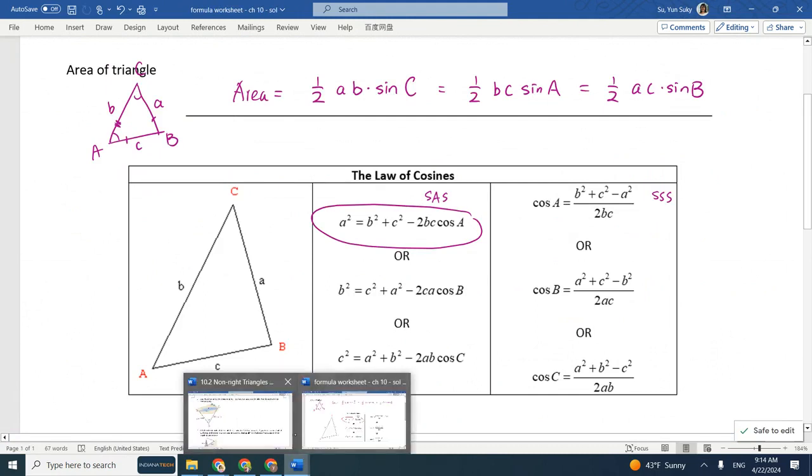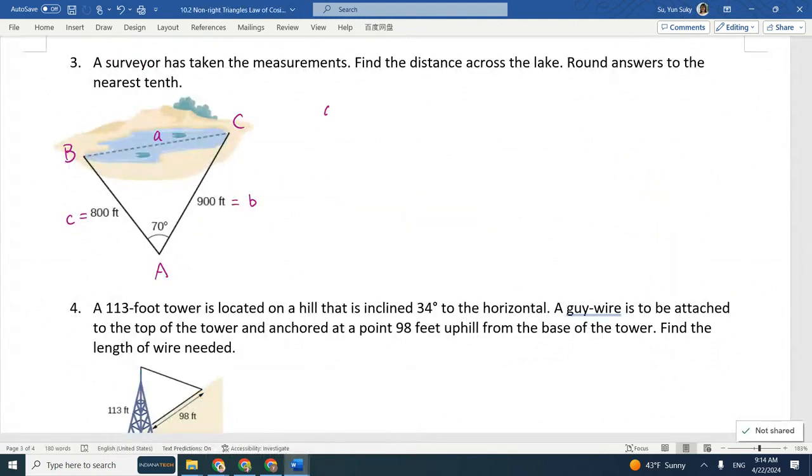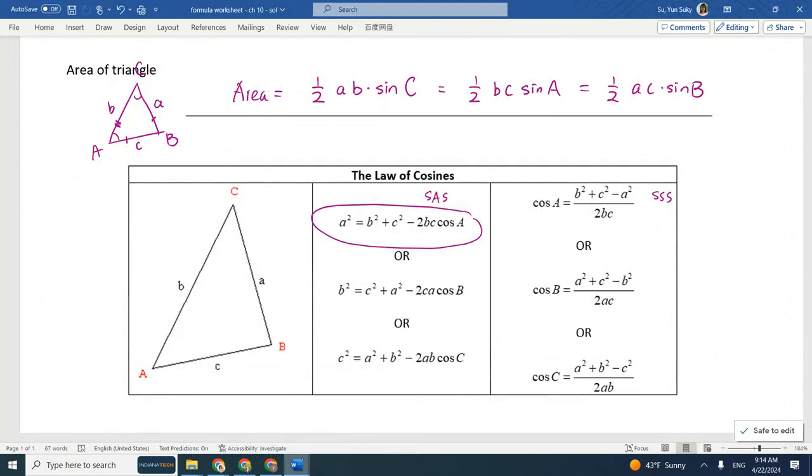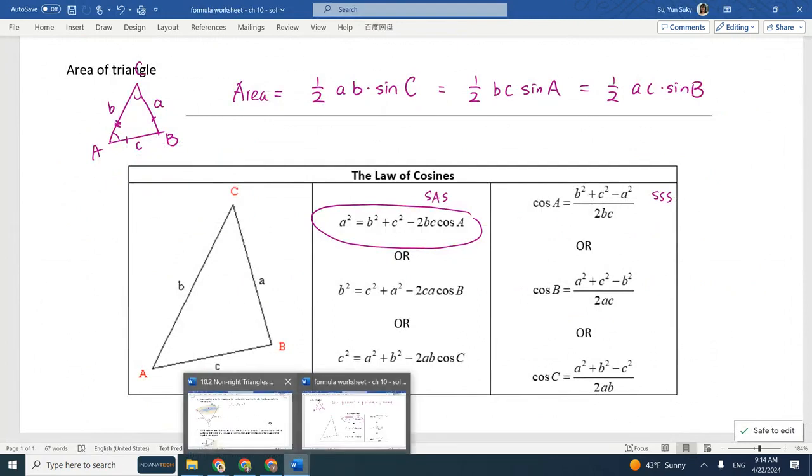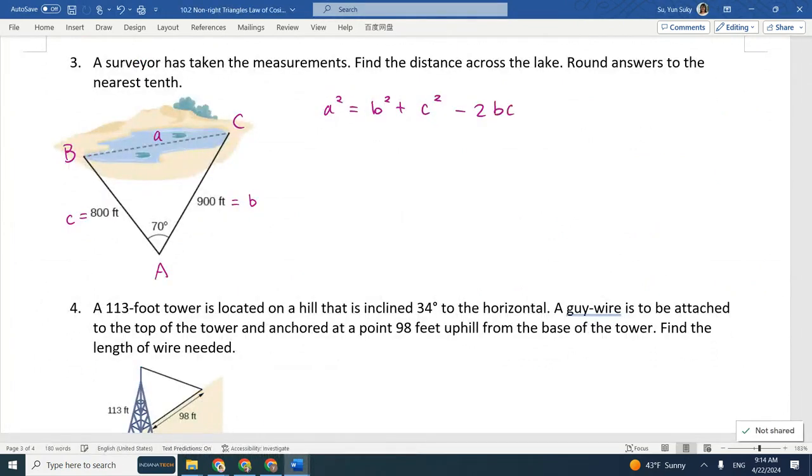A squared equals B squared plus C squared minus 2BC cosine A. Okay, so label the triangle vertices. Which side are we looking for? Side A. Therefore, we plug in the correct formula.